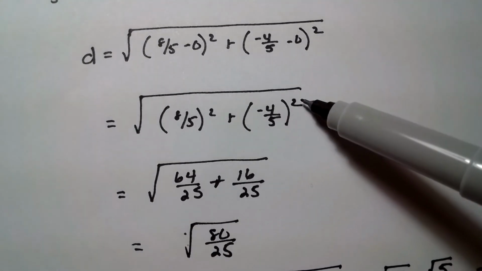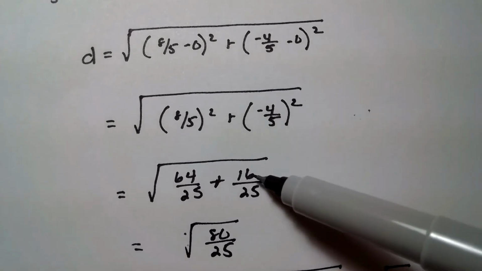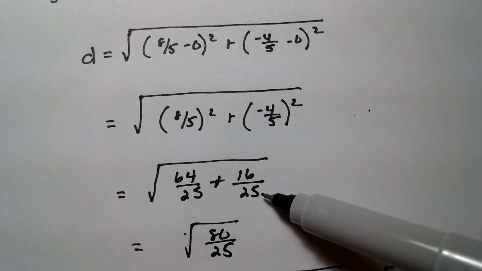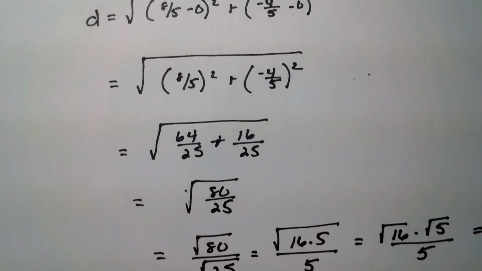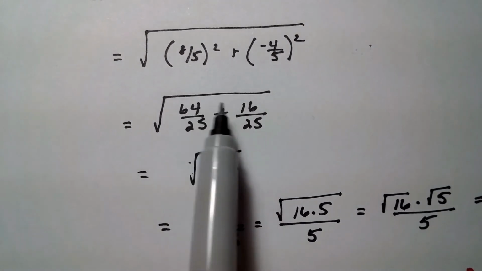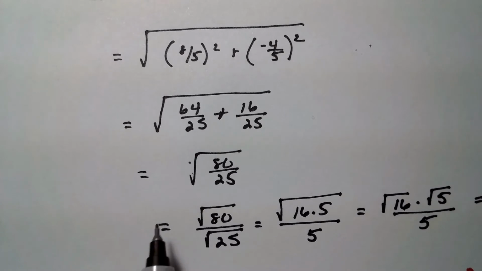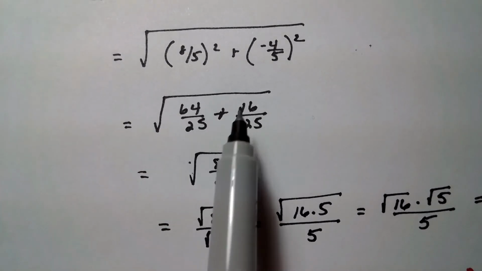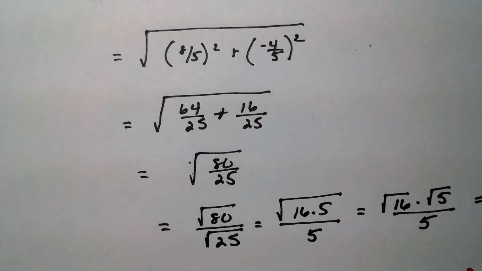Likewise over here, 4 squared, or negative 4 squared, is a positive 16, and 5 squared is 25. If you notice, my denominators are the same, so that means I could add the numerators. So I put it over the common denominator, which is 25. 64 and 16 is 80. And now I've got to clean that up, right?